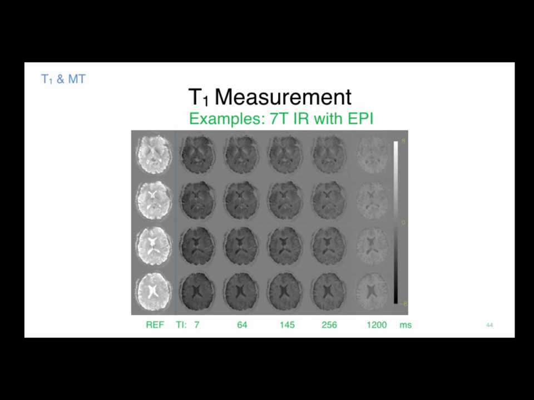The scale basically runs from -1 to +1. And if you wait longer after the inversion pulse, the spins, say in the white matter, are recovered, so it gives you a positive signal, where, for example, the spins in the CSF, since they have a much longer T1, are still dark. So that illustrates how an inversion recovery experiment can be used for a T1 measurement.